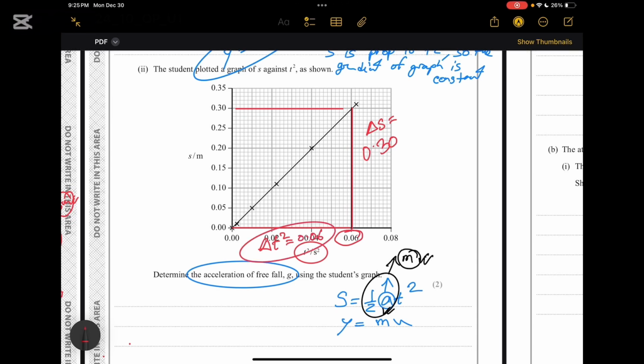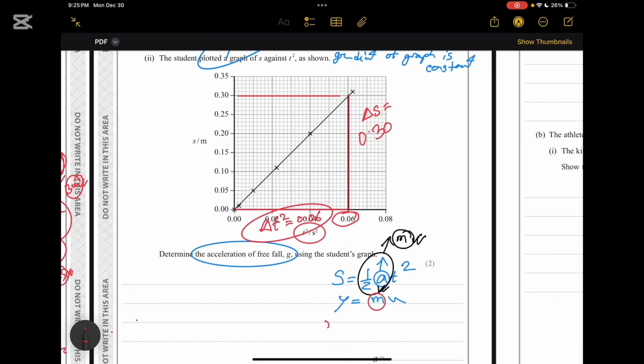If y equals mx, then to find m, m equals y divided by x. So y is our del s divided by t squared. Our del s was 0.30 divided by 0.06, so our m is equal to 5 meters per second squared.